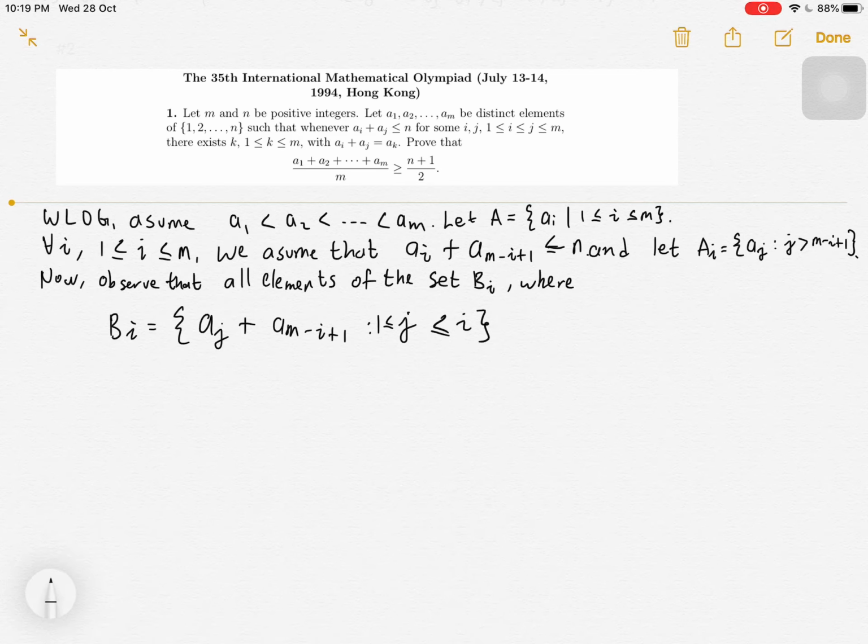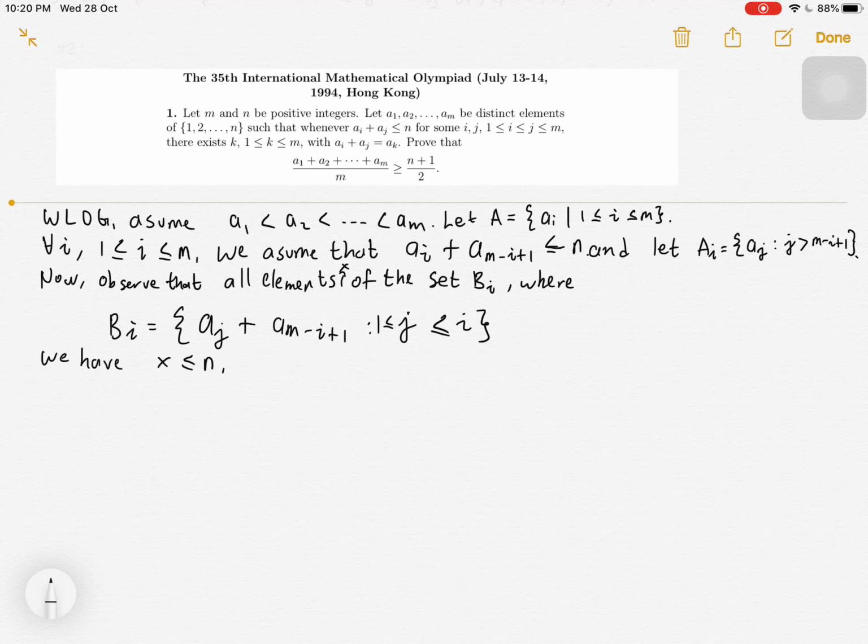Okay, so observe that for all elements x of the set B_i, where B_i is the function defined here, we have x is less than or equal to n.